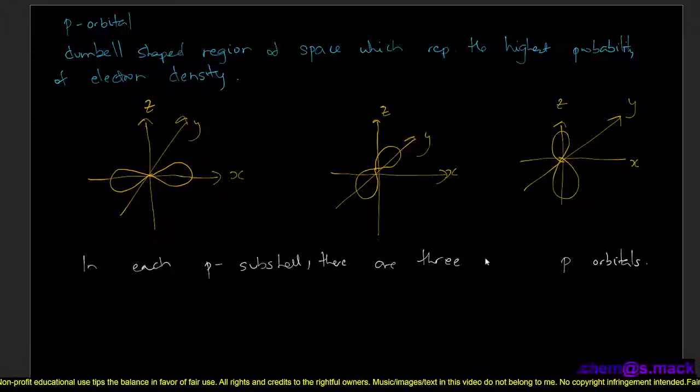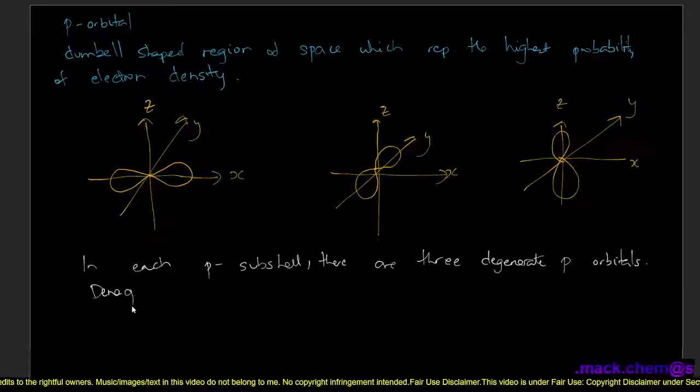Right, there's a term used to describe these different orbitals that all belong to the p subshell, and this word is called degenerate. Right, the word degenerate means they are the same energy.